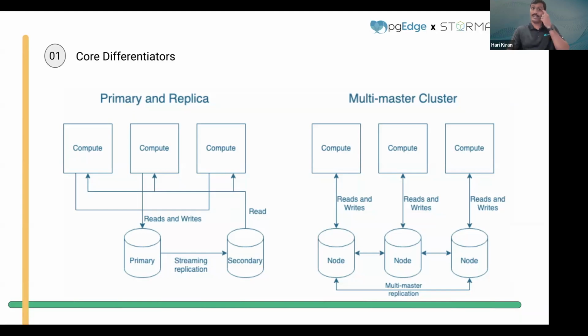While we are looking at single master and multi-master, we look at the core differentiating factors. If you can see on the screen, we've got a single master setup on the left-hand side and multi-master on the right-hand side.